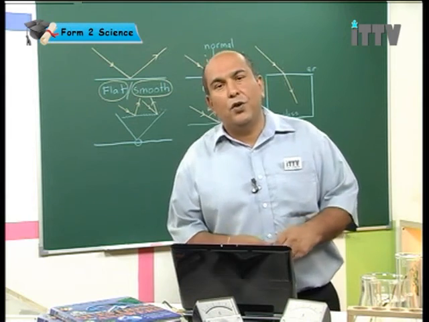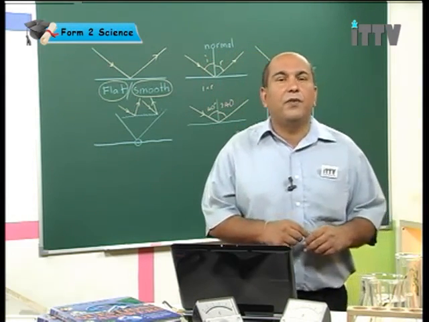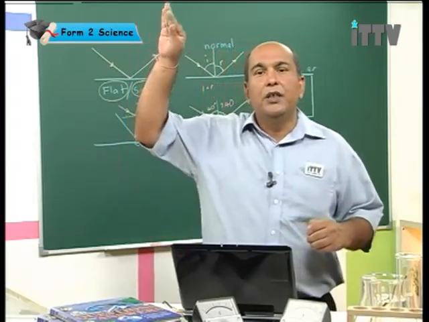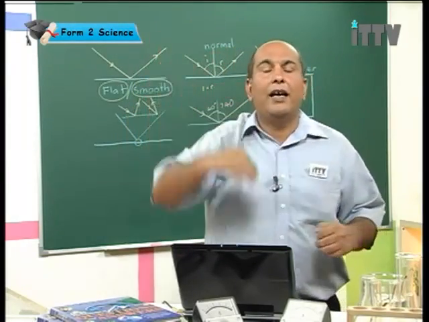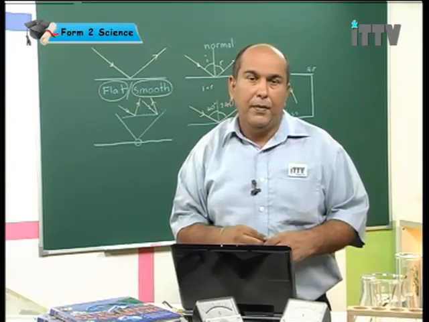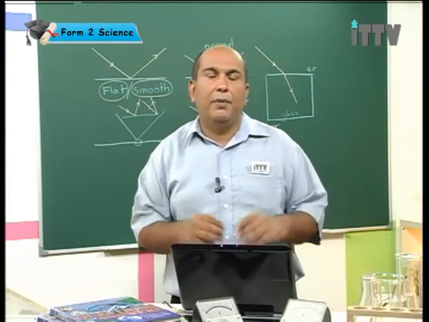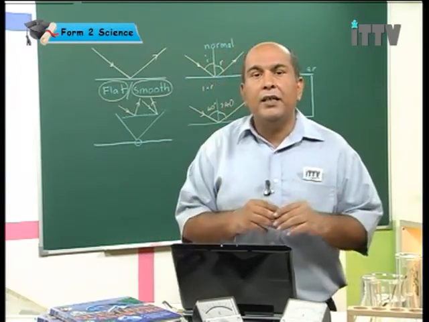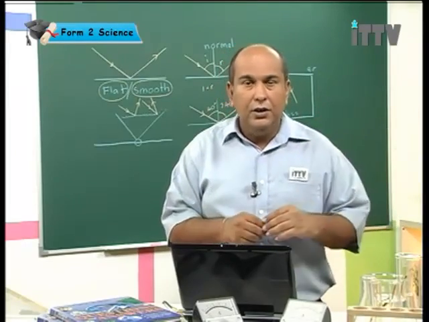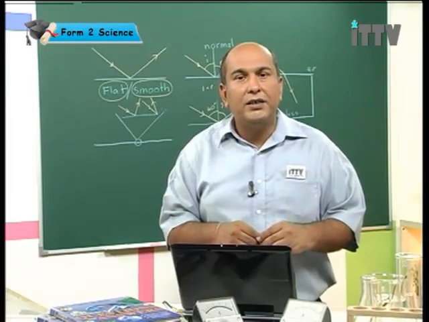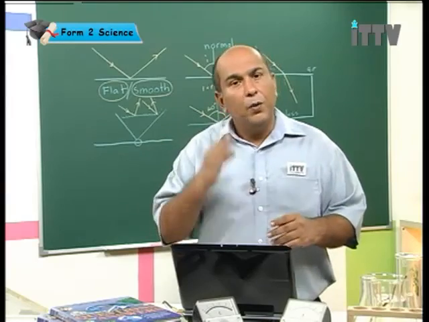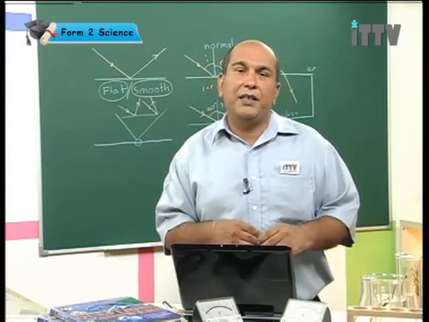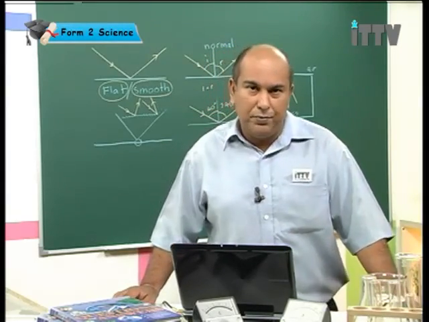A mirage is caused due to the refraction of light as it passes through the layers of hot air and cold air. So I hope you get an idea about light, especially in terms of reflection, which is against opaque objects, and refraction, which is the bending of light as it passes through transparent objects.